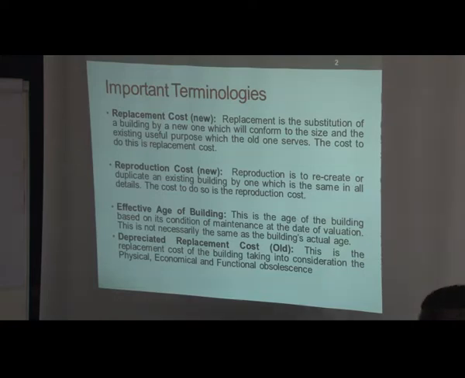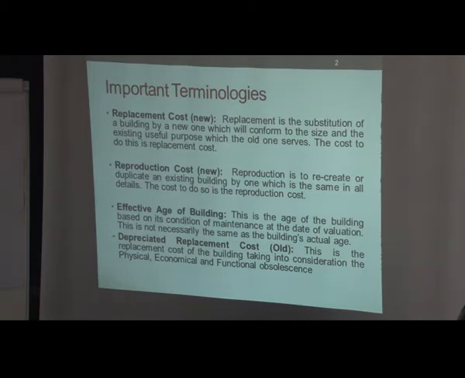So replacement cost is used to determine the cost of the new building. If you are valuing a newly constructed building, it's new, so you are basically going to calculate how much it costs to construct that building. You take that replacement cost as the value of that property.